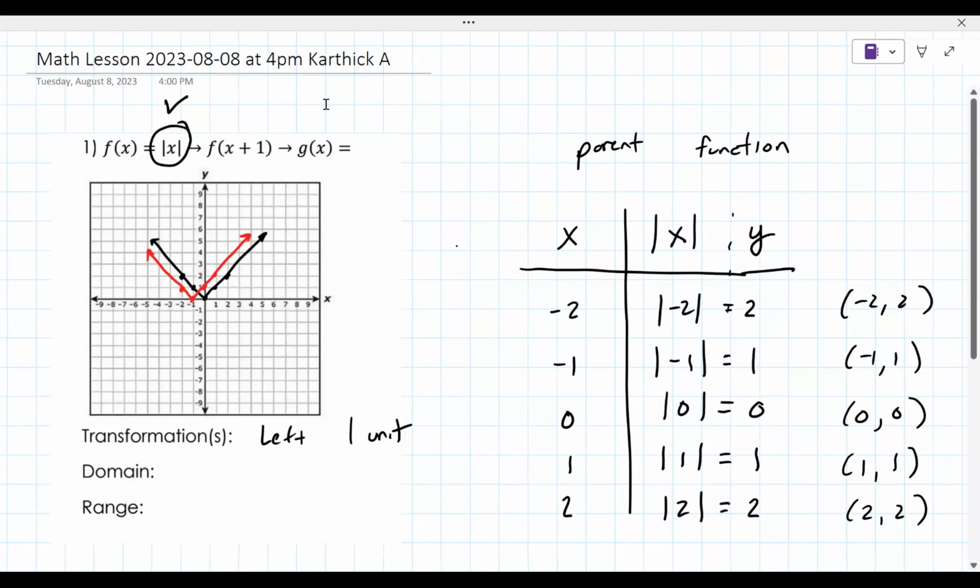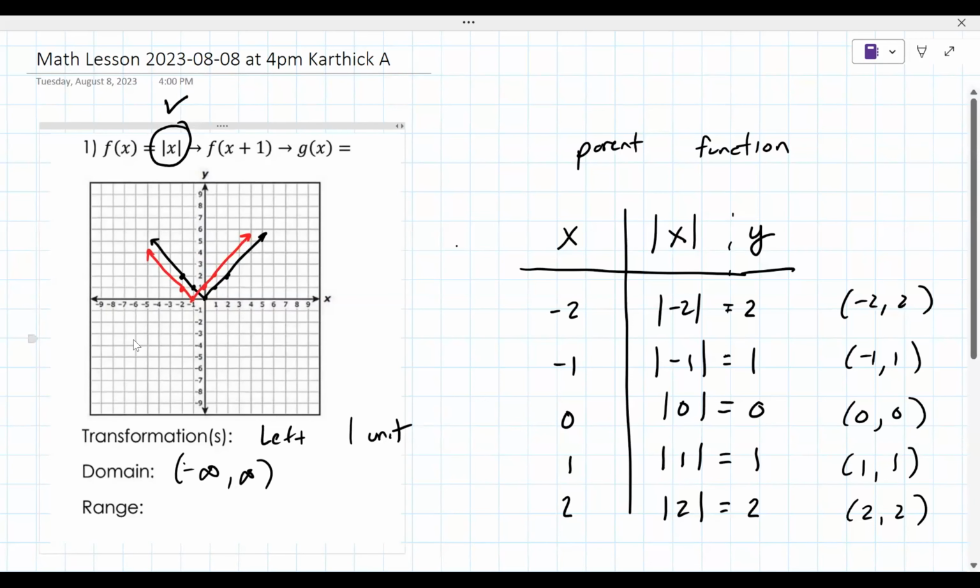Okay. So the domain is what in this problem? It's the x value. So are there any restrictions on the x values? Yeah, so just negative to positive. Yeah, there's no restrictions on the domain.